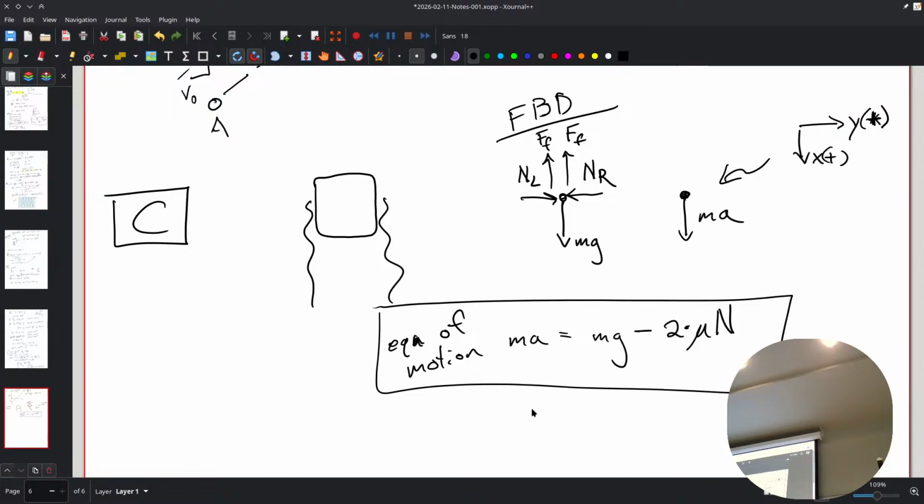It slows down. Do we know that it's going to slow down? Assume. Yeah, friction usually slows it down. That just depends on the coefficient of friction.